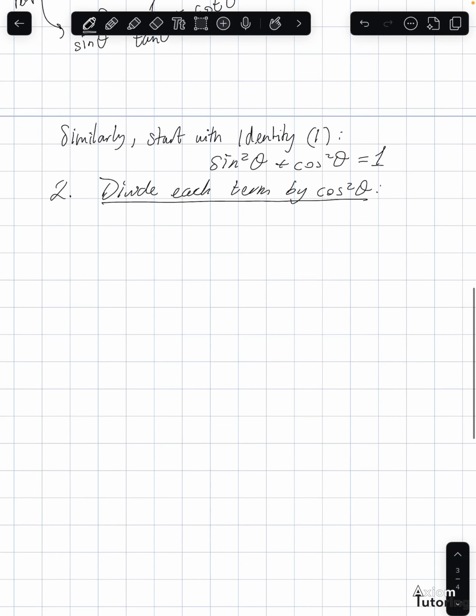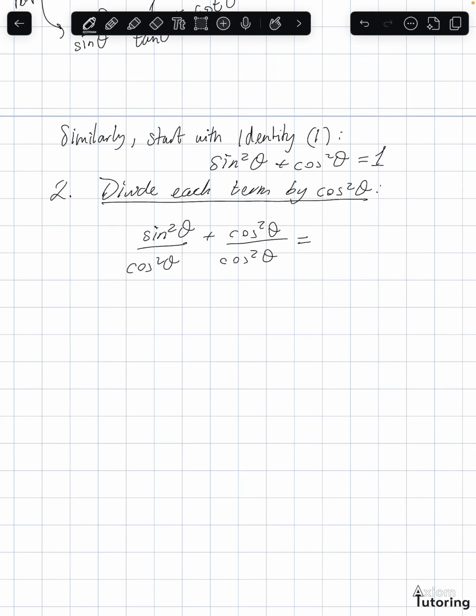Okay, so if we do that this time, we can write this as sine squared theta over cos squared theta plus cos squared theta over cos squared theta equals 1 over cos squared theta. Make that a bit clearer.